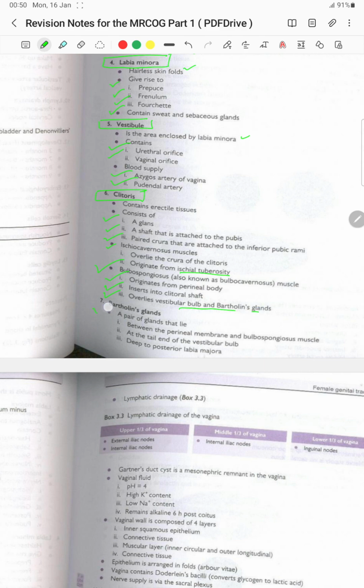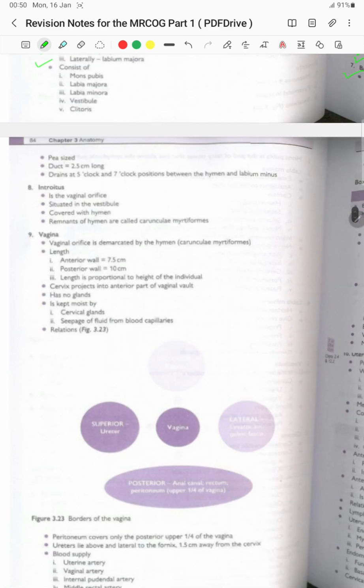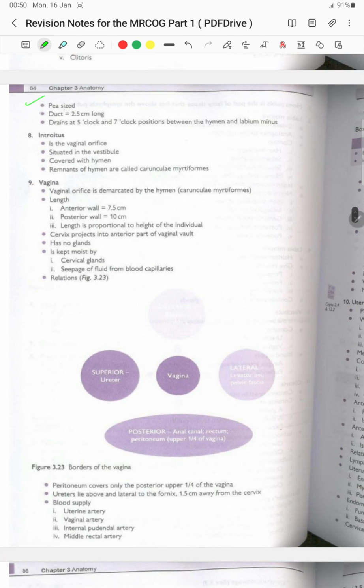The Bartholin glands are a pair of glands that lie between the perineal membrane and the bulbospongiosus muscles at the tail end of the vestibular bulb and deep to the posterior labia majora. They are pea-sized and the duct is 2.5 centimeters long, draining at the 5 o'clock and 7 o'clock positions between the hymen and the labia minora.